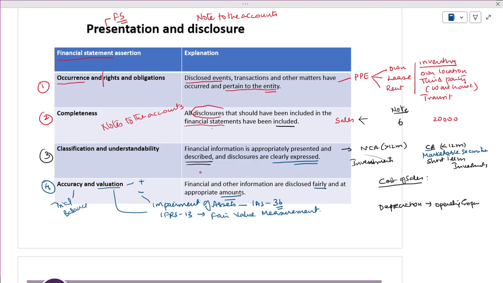Here you see on the right hand side: property, plant and equipment, owned, leased, rented, in terms of rights and obligations. I mean the suitable procedure and audit evidence for each assertion.